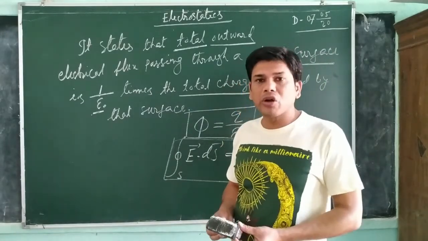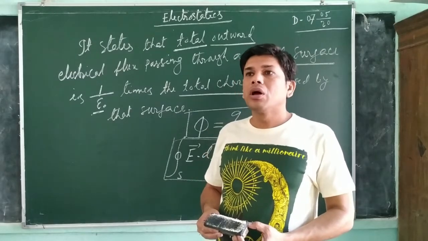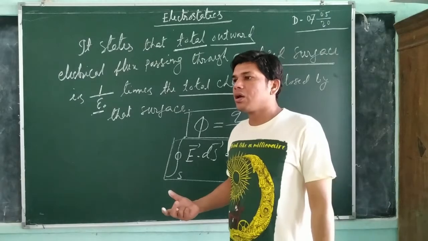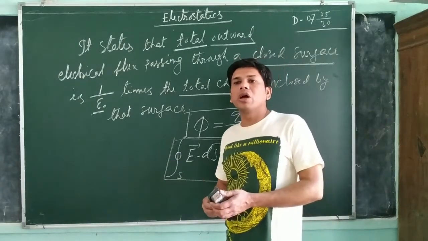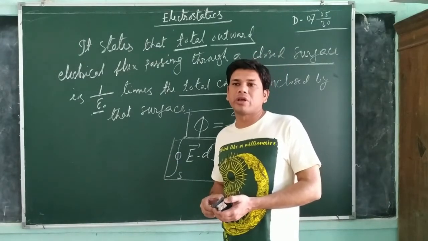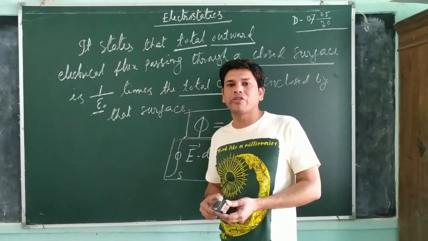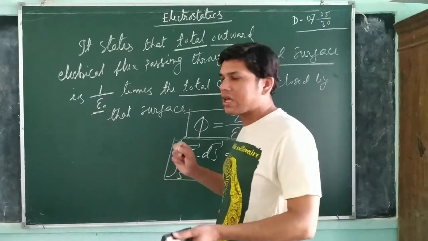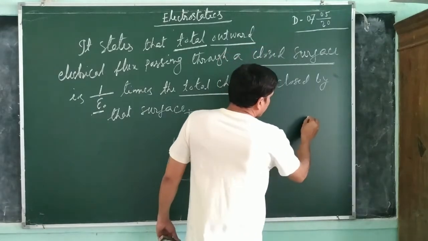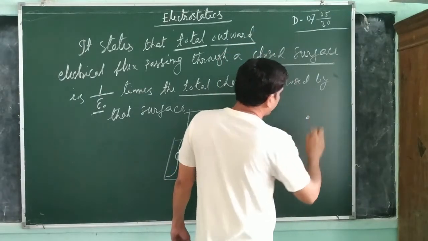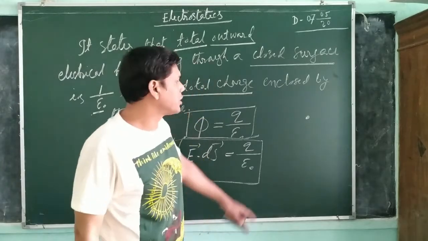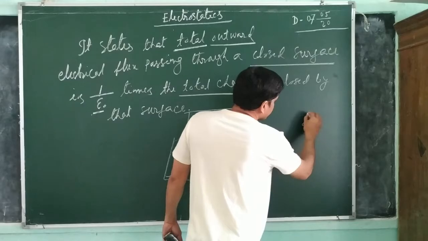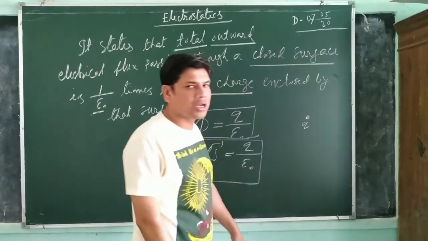Before applying Gauss theorem, we have to use one hypothetical concept: we have to consider a closed surface. That surface is called a Gaussian surface. It is a hypothetical surface. I am giving a simple example first. Suppose we have to find the electrical field due to this point charge, let the point charge be small q.